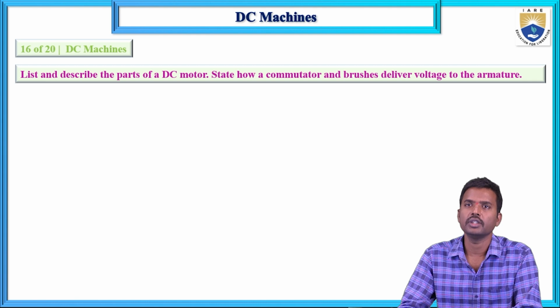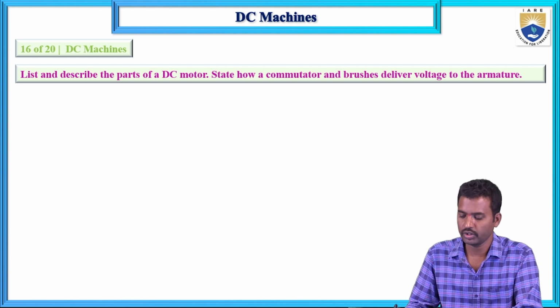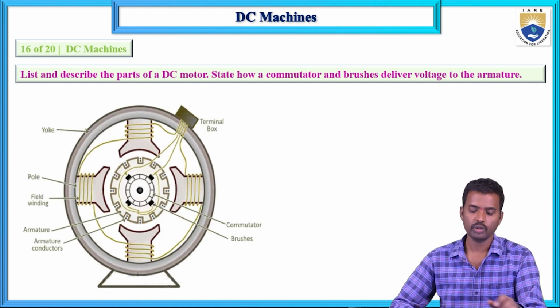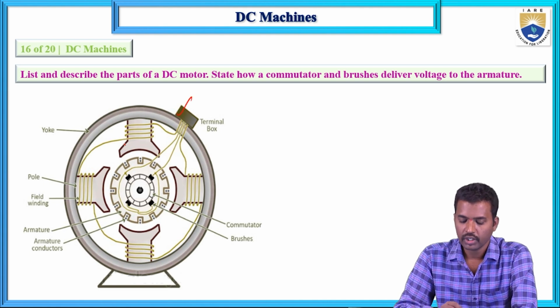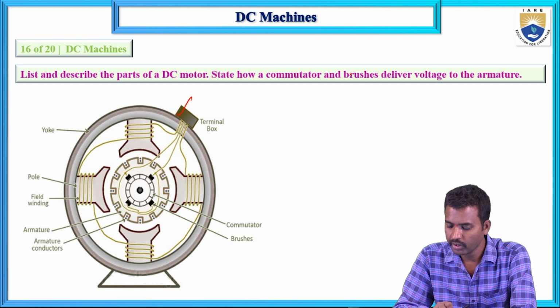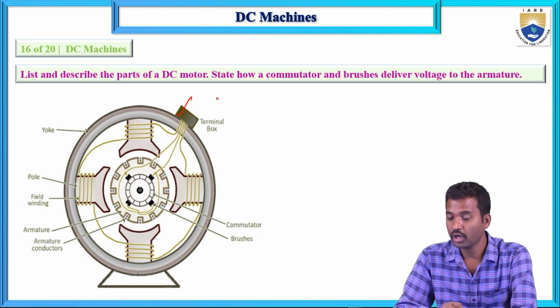Next, describe the different parts of a DC machine, and how the commutator and brushes deliver voltage to the armature. So these are the parts, the same as the construction of the DC generator we discussed. Next, explain how the commutator and brushes deliver voltage to the armature.